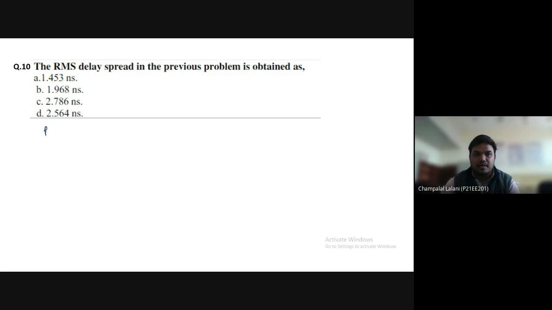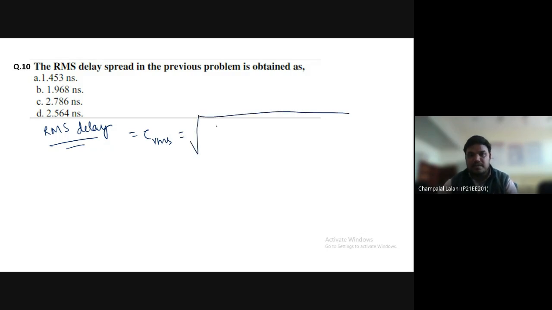The formula for the RMS delay: tau RMS is given by the square root of sigma i equal to 1 to 5 of (tau i minus tau bar) whole square times P i, divided by sigma P i. This tau bar is the mean delay spread that we have calculated in the previous section.